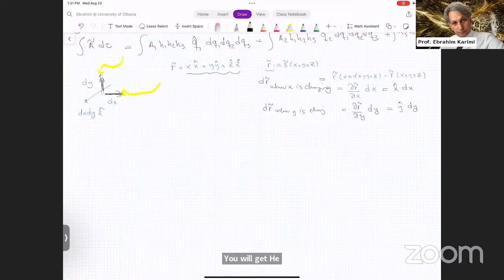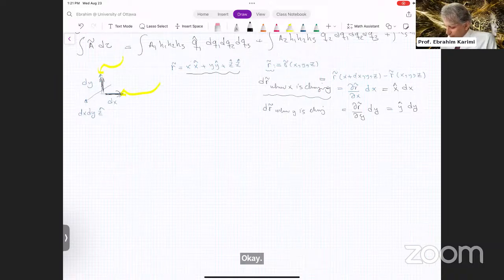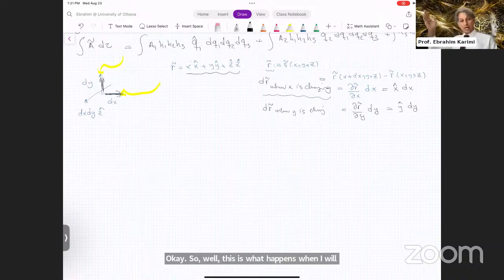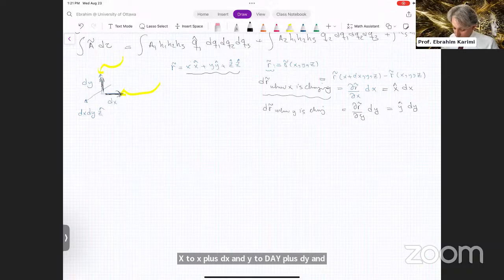Good? Yes, this is an approximation, of course, because I'm changing by infinitesimally small amounts, and dx is asymptotically going to be 0. So this is what happens to dr when I change x to x plus dx and y to y plus dy. And then I build up these two vectors.